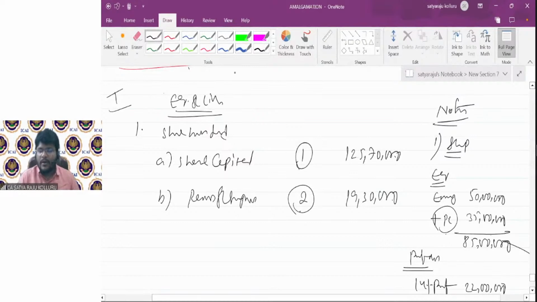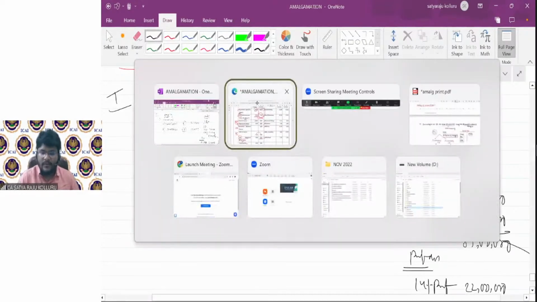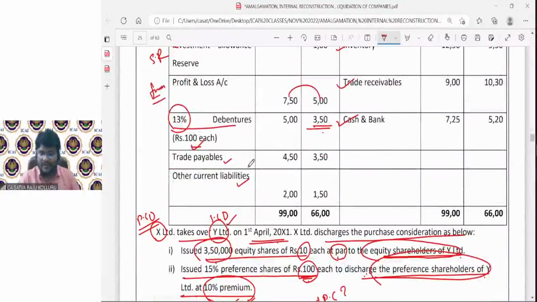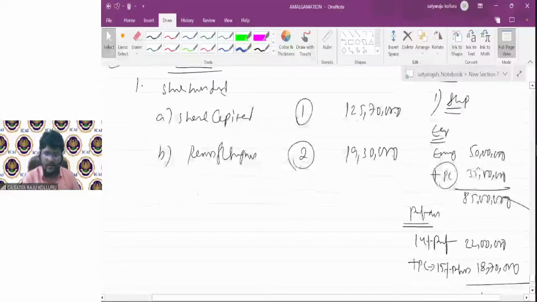Sir, what about the remaining assets and liabilities? Please come here, guys, all of you. For the remaining assets and liabilities, no need to think anything, without any second thought, simple line by line addition. If you come to 13% debentures, long-term borrowings are under non-current liabilities.